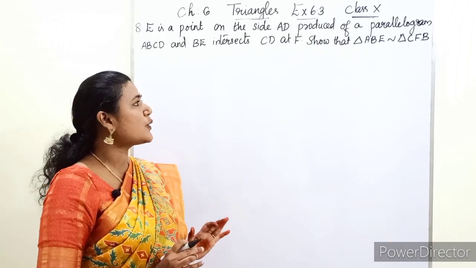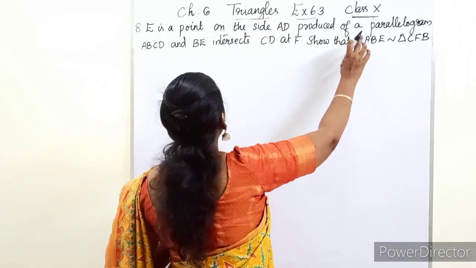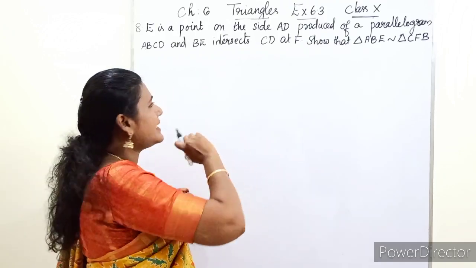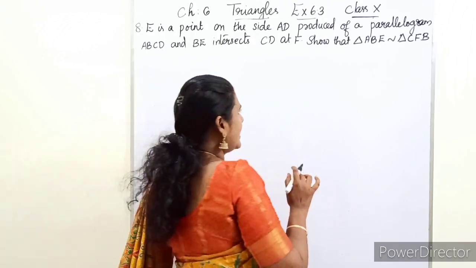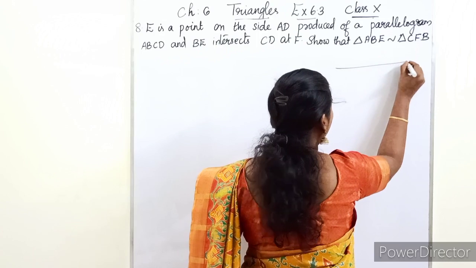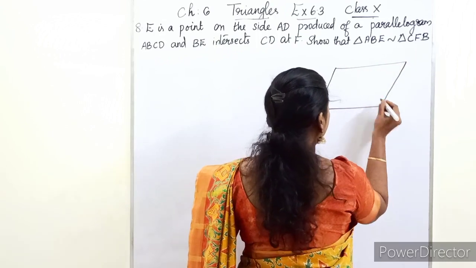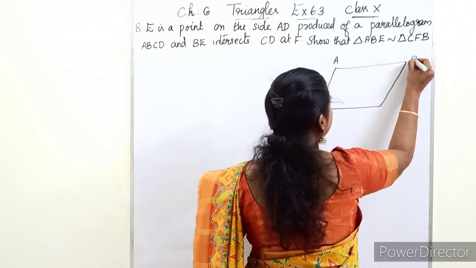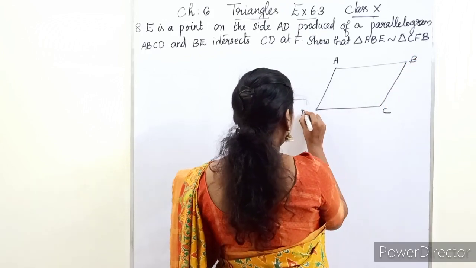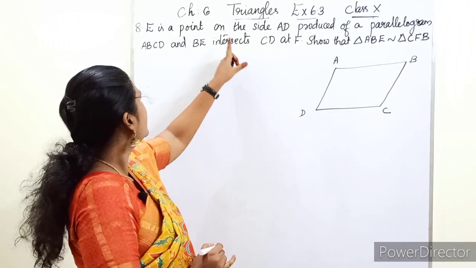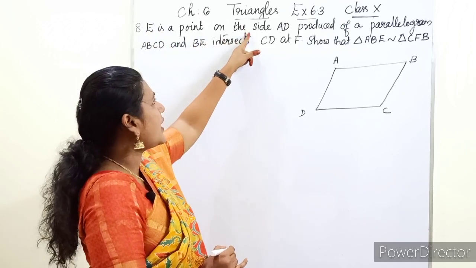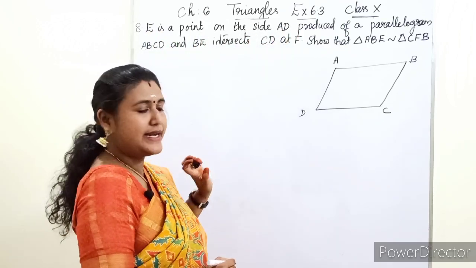So first we will draw the diagram. So what is given in the question? ABCD is a parallelogram. So we will draw a parallelogram. ABCD is a parallelogram, and this E is a point on the side AD produced.